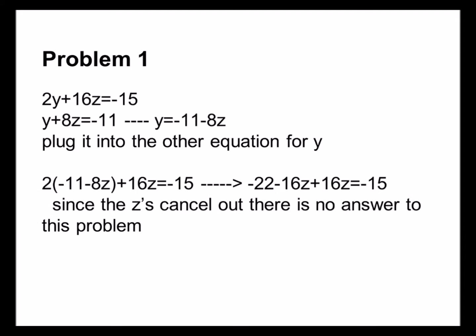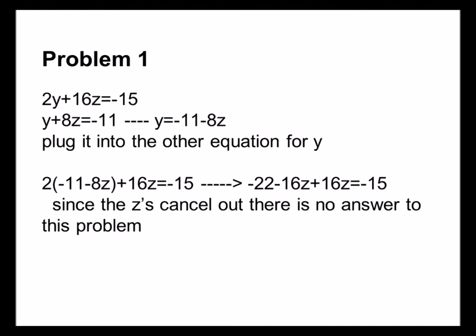So with your two equations that you've created, you're going to choose one of them, preferably the easier one, in this case, which would be y plus 8z equals negative 11, and solve for one of the variables. So let's solve for y. We would subtract the 8z over to the other side, so y equals negative 11 minus 8z.